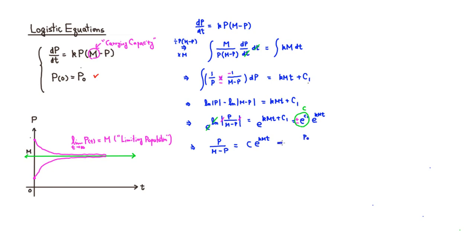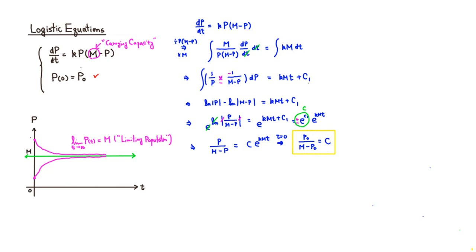M is just a constant, so it stays as M. And e to the 0th power is 1, so you're just going to end up with c. So you have this expression for c. Let's keep this in mind.